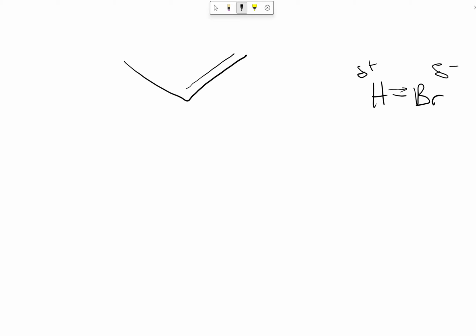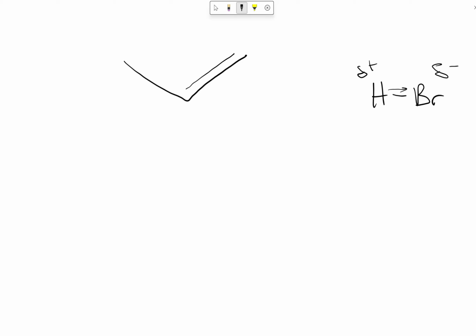Now, this will affect the high electron dense region, which we call the double bond, on this alkene here. So what will happen here is that there will be something called an electrophilic addition, and that's actually the mechanism of this type of reaction.